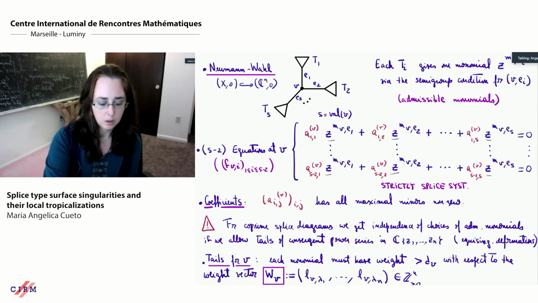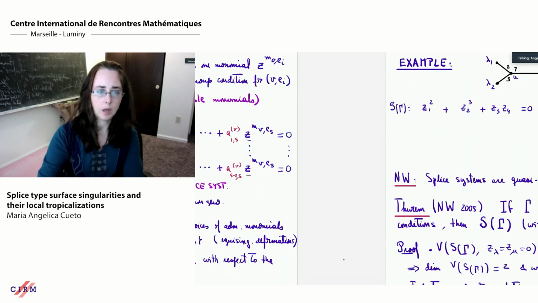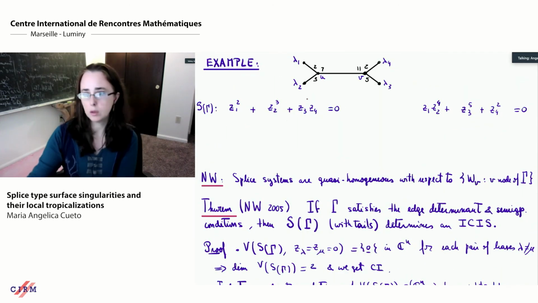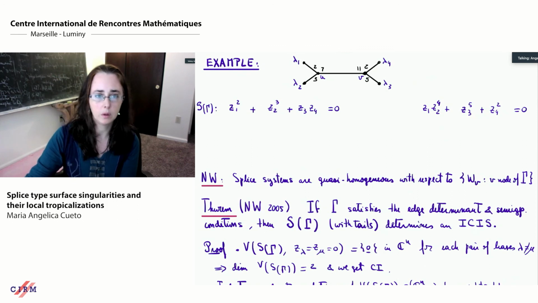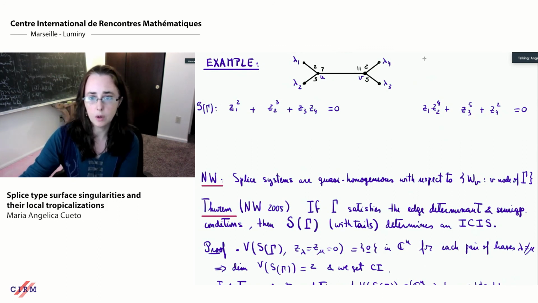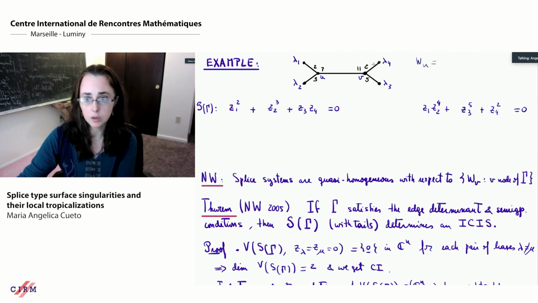Okay. So let's go back to our example, just to see what happens with these weights for each one of the nodes. So the first weight is going to be this WU associated to this node, and we have to consider linking numbers of U with respect to each one of the four leaves. So the first one is the node U and the leaf lambda 1, and so here I have 7 times 3, which is 21.